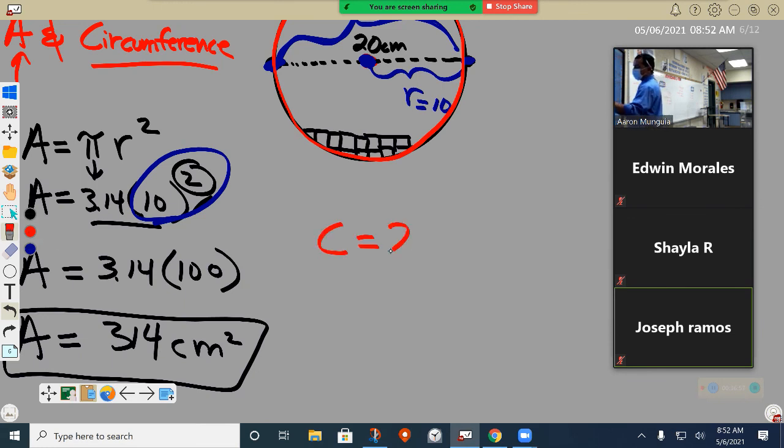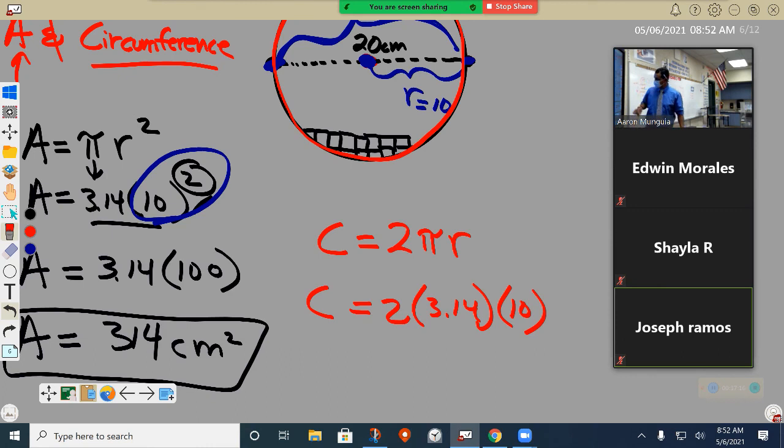Circumference then is 2 times pi times the radius. Circumference then is going to be 2 times 3.14 times the radius, which is 10. Wow, this is easy.